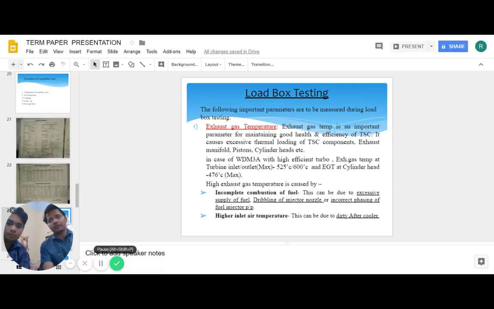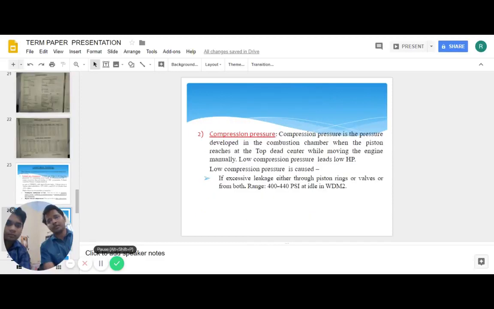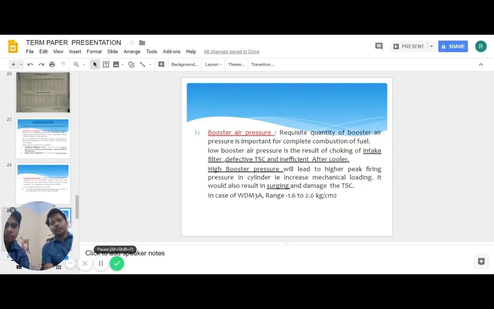A higher exhaust gas temperature can be caused by incomplete combustion of fuel, or maybe due to the higher inlet air temperature. And the compression pressure, the ideal range being 400 to 440 pounds per square inch. And the next is the booster air pressure, the ideal range being between 1.6 to 2.0 kg per centimeter square.